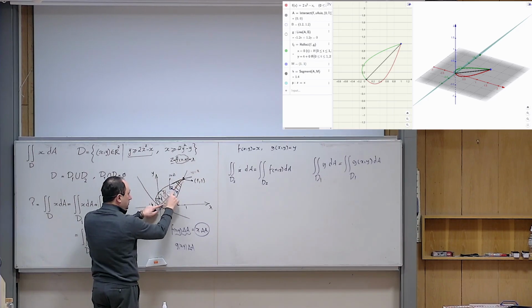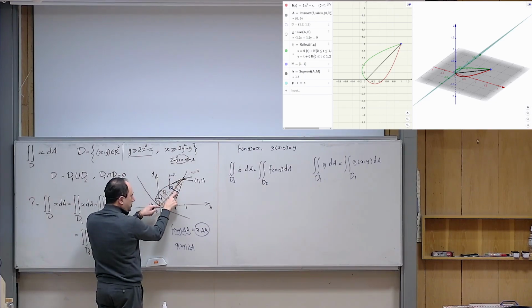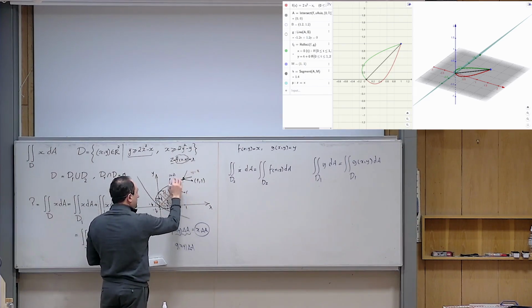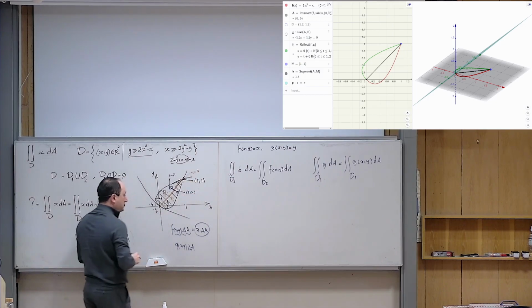And if I continue this process, for every point that you see here, finally at some point I have to touch this point. But if I ask you what are the coordinates of that point, you will tell me the coordinates of that point is the mirror image of that one with respect to y equals x. It is y, x.